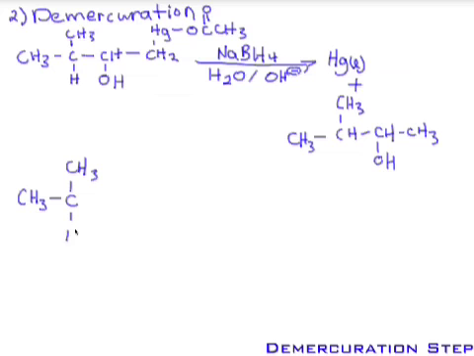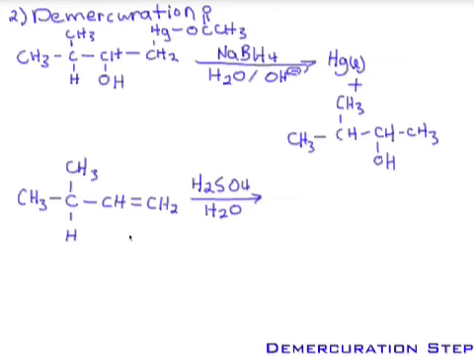I have to look for rearrangement when I get a carbocation. So if I have this alkene, and I hit this with H2SO4 and H2O, I know I get Markovnikov addition. I know that's going to give me a carbocation.